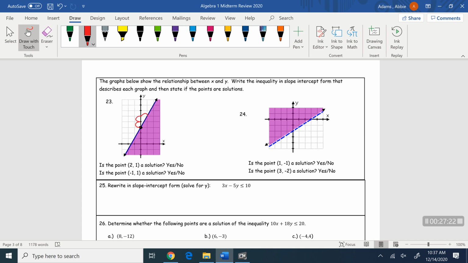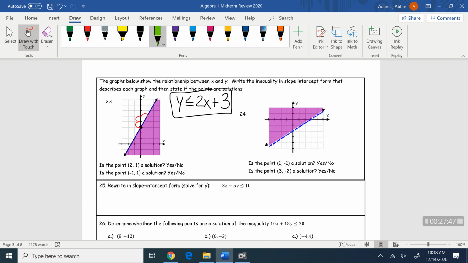So I know my y-intercept is at 3. My slope is 2 over 1, which is just 2. And this is a solid line shaded below. So it's going to be y is less than or equal to our slope, which is 2, times x, plus our y-intercept, which is 3. So that's the equation for this graph of 23.